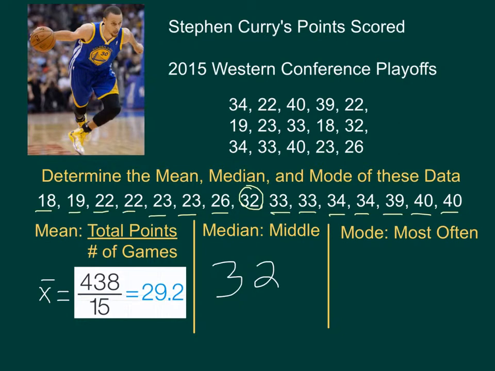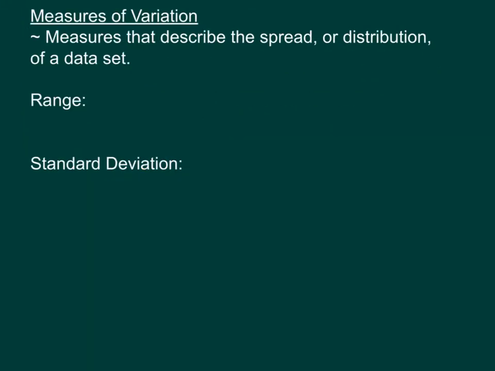So as a matter of fact, these are all different modes for our Stephen Curry's scoring. So this is one scenario in which we actually have 5 modes, which is probably pretty uncommon, but that's what the data tells us here. These 5 values show up twice each in the 15 games, and so that's the mode of the data. So there we have the 3 measures of center of Stephen Curry's points scored in the 2015 Western Conference playoffs.